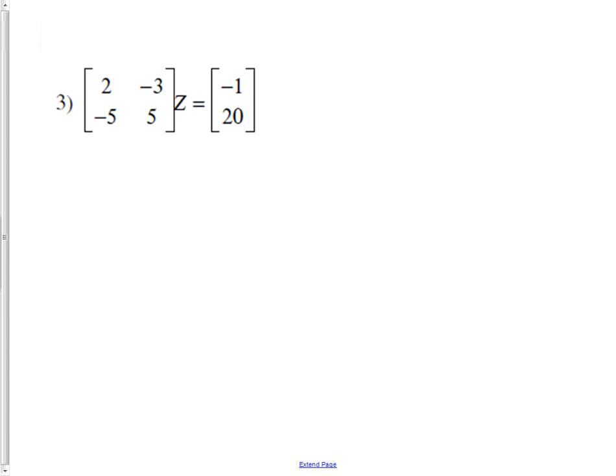Okay, moving on. If I had this matrix, the Z right here, this Z matrix, it would have to be a certain size to make this work. Do you get that that's a 2 by 2, and then the mystery matrix, the Z matrix, and then the answer is a 2 by 1. If you think about it, you can figure out that this has to be something by something.